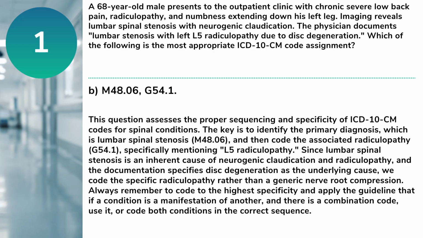Since lumbar spinal stenosis is an inherent cause of neurogenic claudication and radiculopathy, and the documentation specifies disc degeneration as the underlying cause, we code the specific radiculopathy rather than a generic nerve root compression. Always remember to code to the highest specificity and apply the guideline that if a condition is a manifestation of another, and there is a combination code, use it, or code both conditions in the correct sequence.